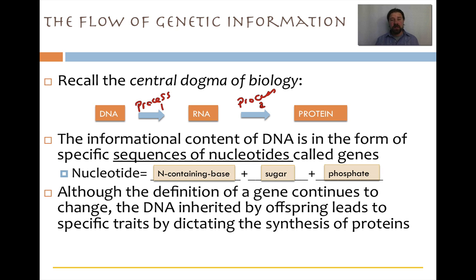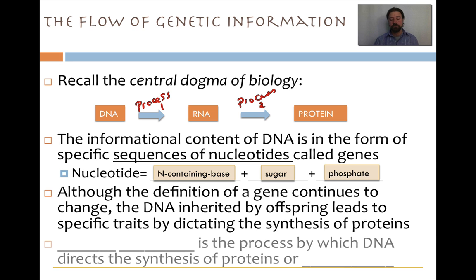But basically, we're talking about DNA that is inherited by offspring. It's going to lead to specific traits by dictating the synthesis of proteins. So overall, we'll have a collective term that describes that, and probably the best one would just be gene expression, the process by which DNA directs the synthesis of proteins, or RNA.